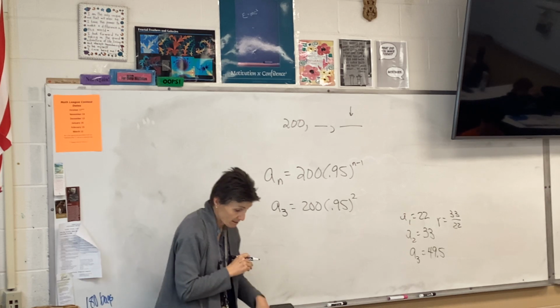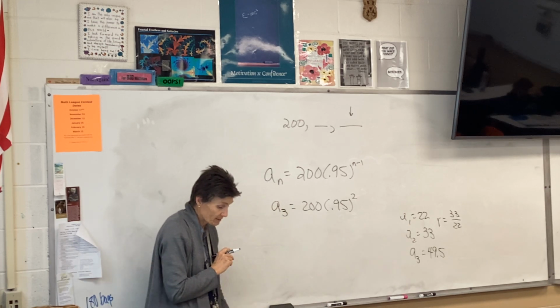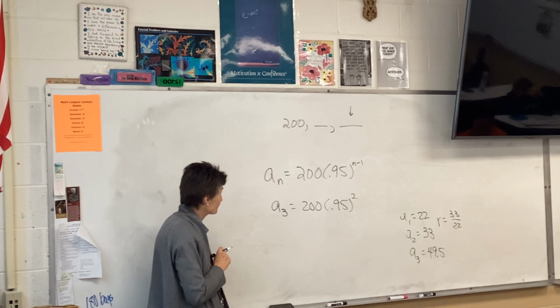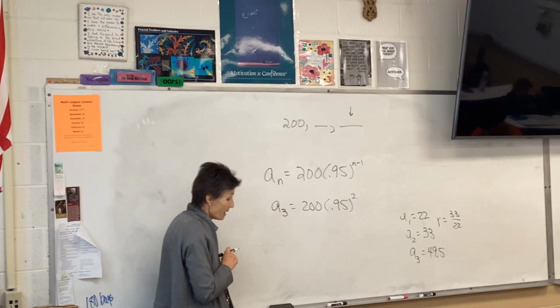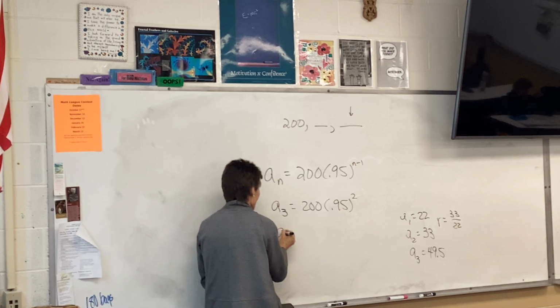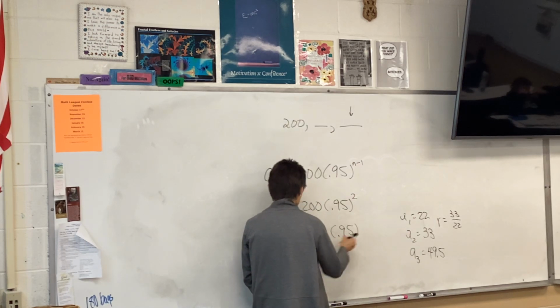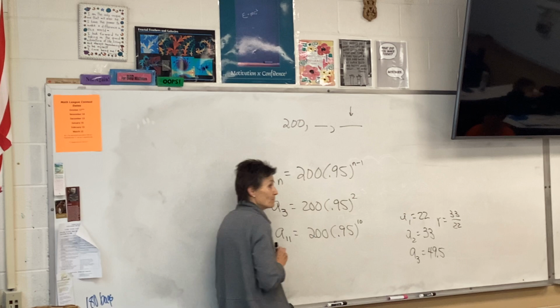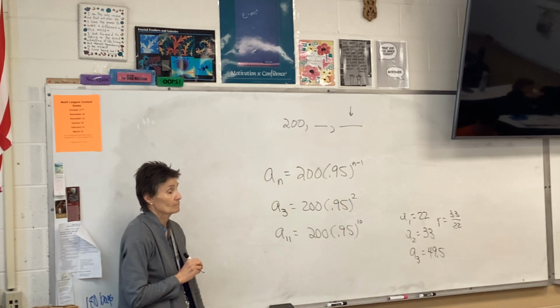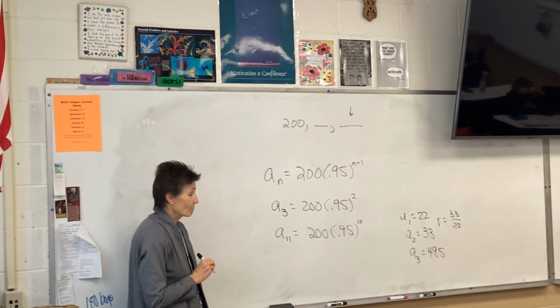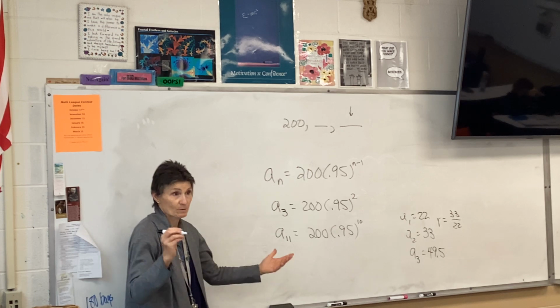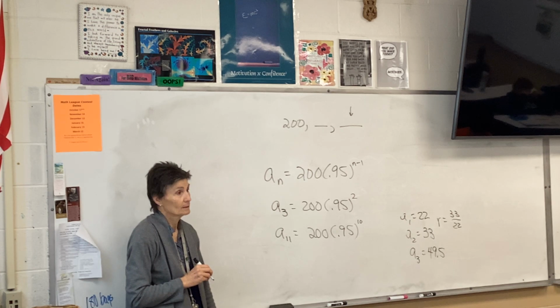And then, of course, since it's people, let's round it off to the nearest person. And then we also wanted the 11th week. Same formula, same exact thing, only now I'm taking it to the 10th. And there you go, whatever that is when you type that in on the calculator.